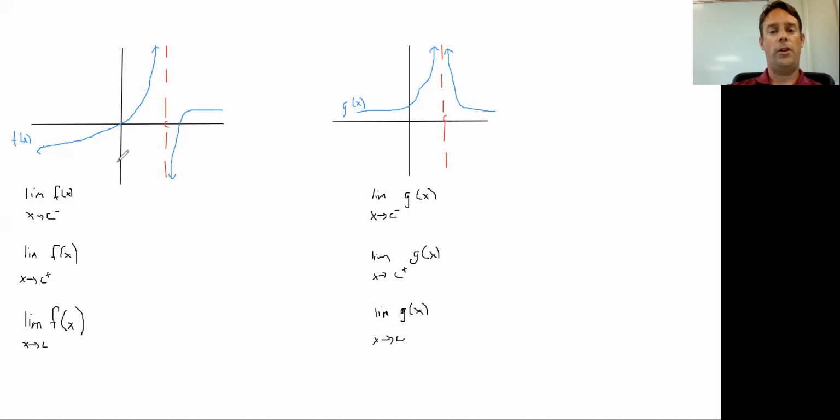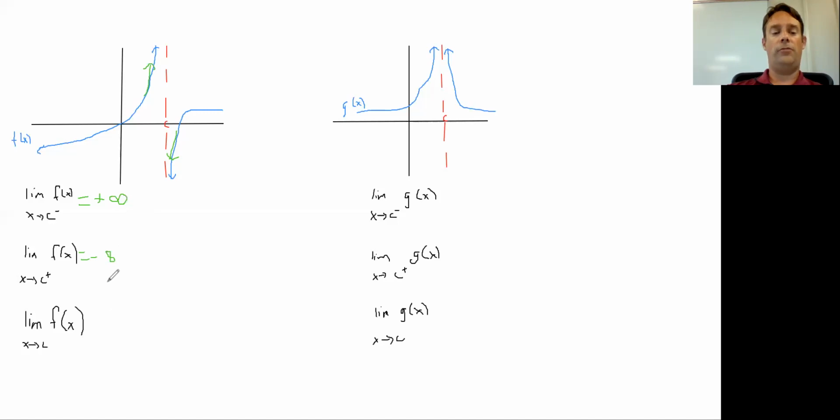All right, so for this one right here, as it goes from the left side, the graph is approaching infinity. So we'd say that it equals positive infinity. We're going to come back to this here in a second because there's something we've got to add to this. If it's approaching from the positive side, it's going to negative infinity. But what about this one?